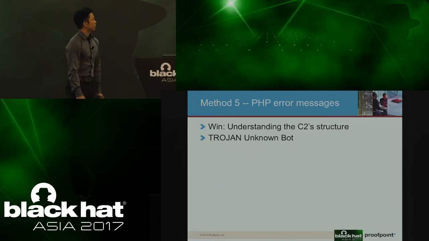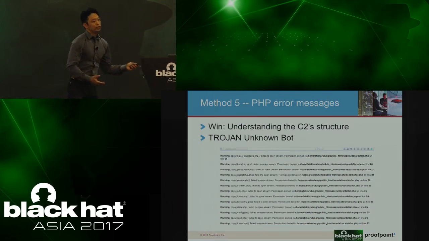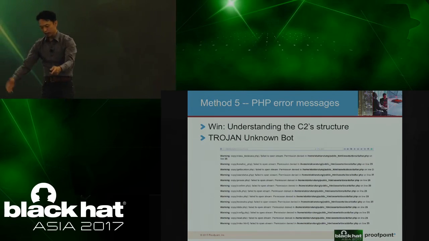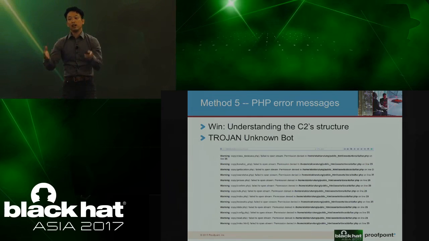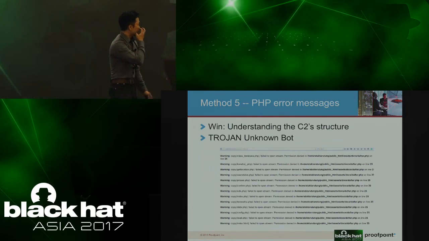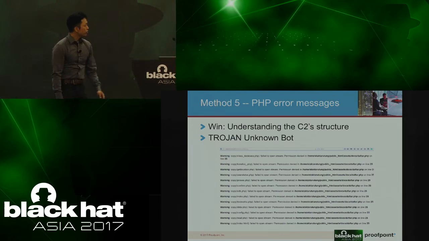PHP error messages. We love PHP error messages, right? Just somehow trigger an error in their PHP code, and if they turn it on, the code is going to dump out all of the directory information. This worked against a Trojan group that we were tracking.